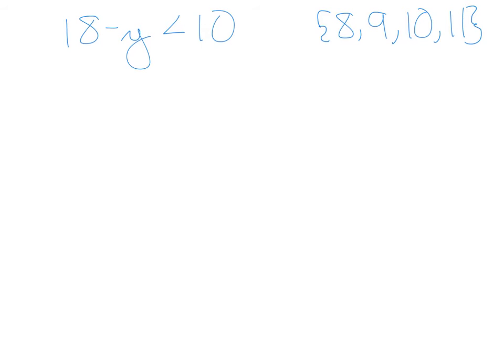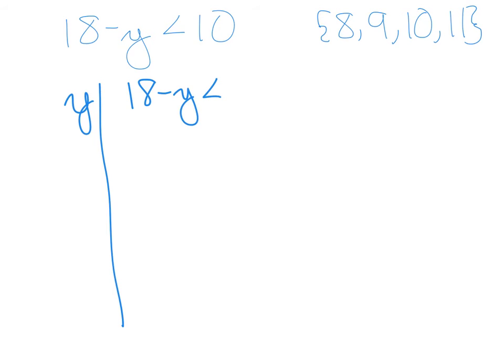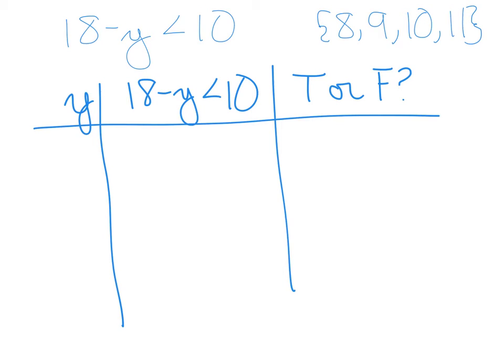We're going to set up the table just like before: y on the left-hand side, 18 minus y is less than 10 in the middle, and then true or false will be our last column. We take the values from our replacement set, 8, 9, 10, and 11, and put them in the left-hand column.